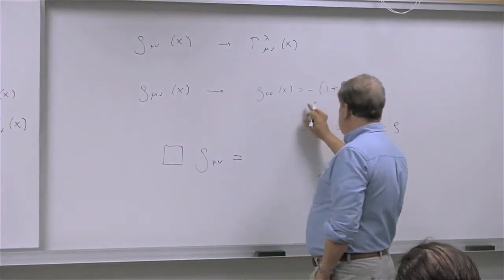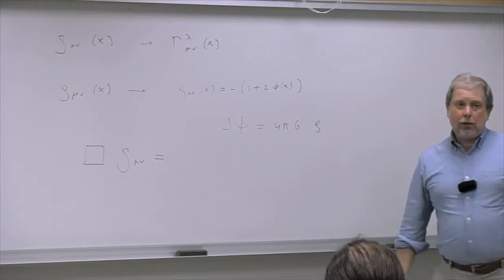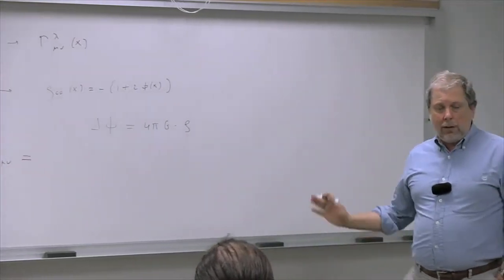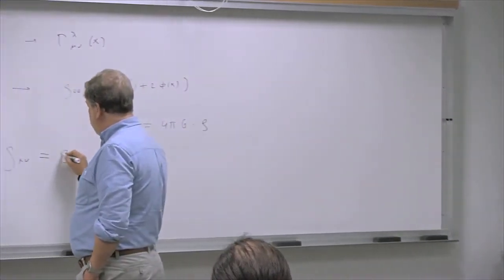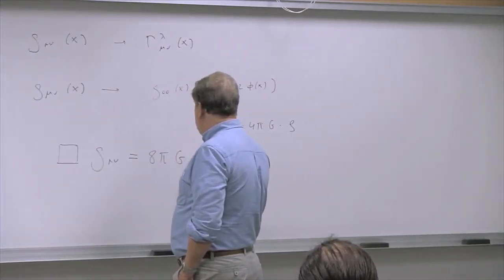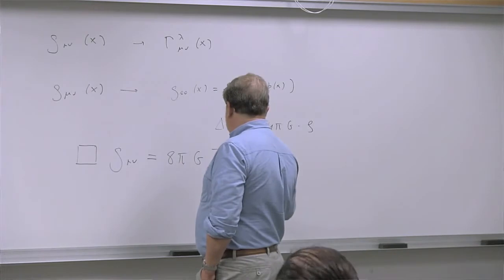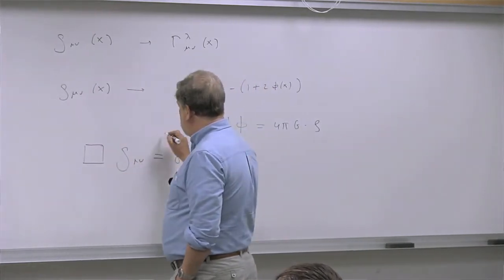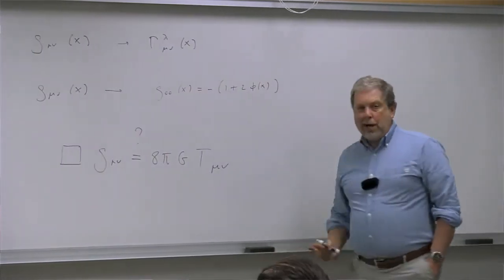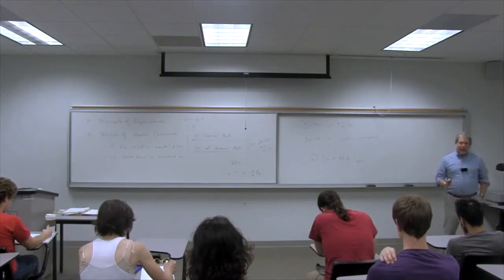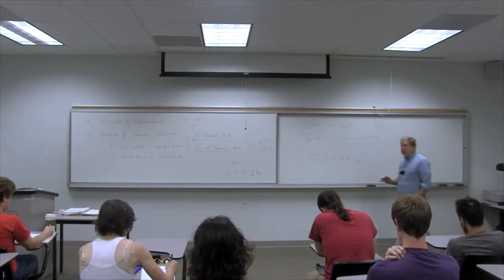And I know that the source for the gravitational field is supposed to contain the rho as the naught naught component, and so Newton's constant should appear somewhere, and so the candidate equation is something like this, right?